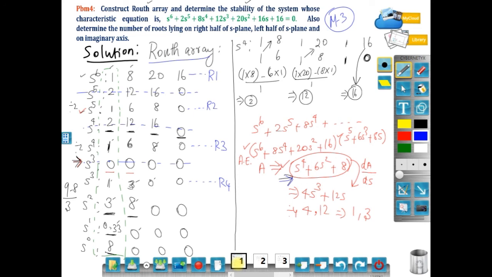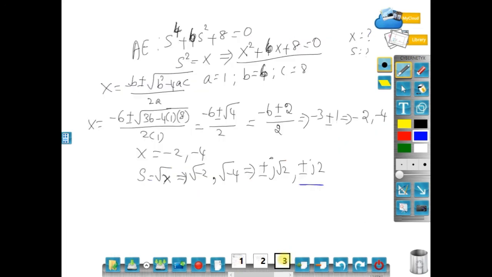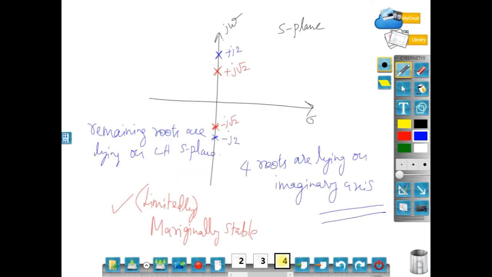Also determine the number of roots lying on the right half of S-plane and left half of S-plane and imaginary axis. I have already listed out the number of roots present at the imaginary axis, that is 4 roots are lying on imaginary axis, 0 roots are lying on right half of S-plane, the remaining roots are lying on left half of S-plane.